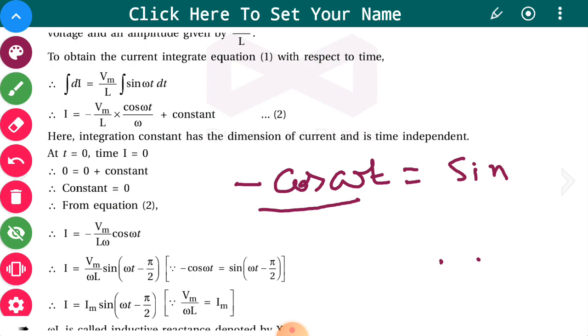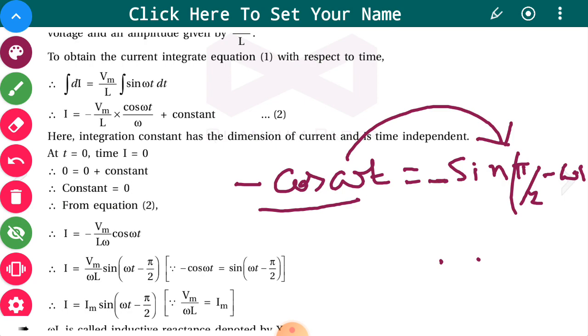So minus cos of omega t can be represented as follows. First of all, if you want to represent the cos function in sine, it becomes sine of pi by 2 minus omega t. Now this cos function is represented in sine, and this minus sign is already there. So minus cos omega t is minus sine of pi by 2 minus omega t.